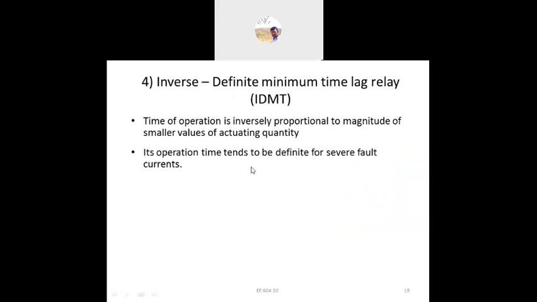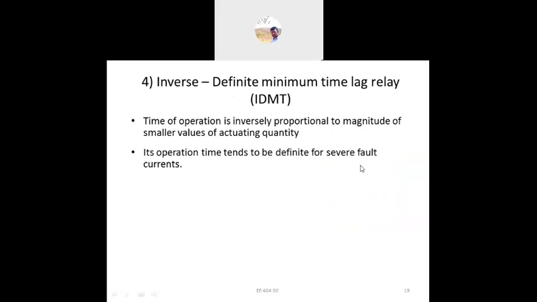Here its operation time tends to be definite for severe fault current. If it is a severe fault current, such as a symmetrical fault, at that time we have to trip immediately, with minimum time.